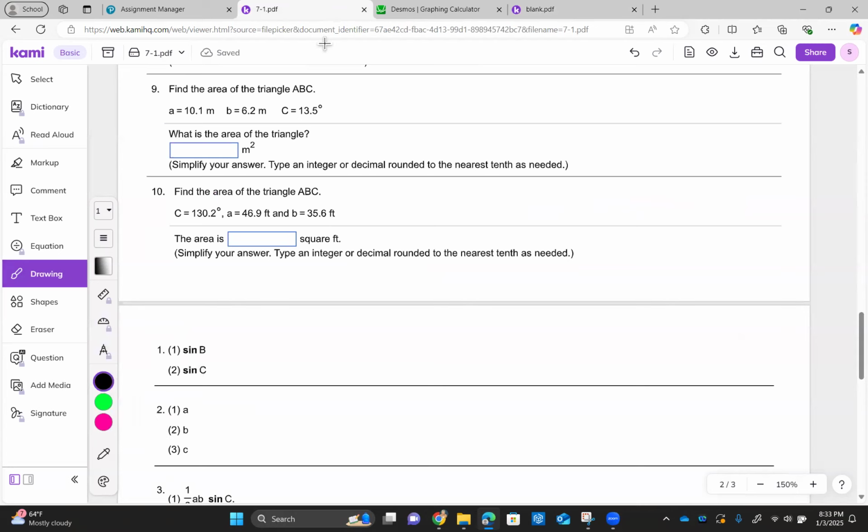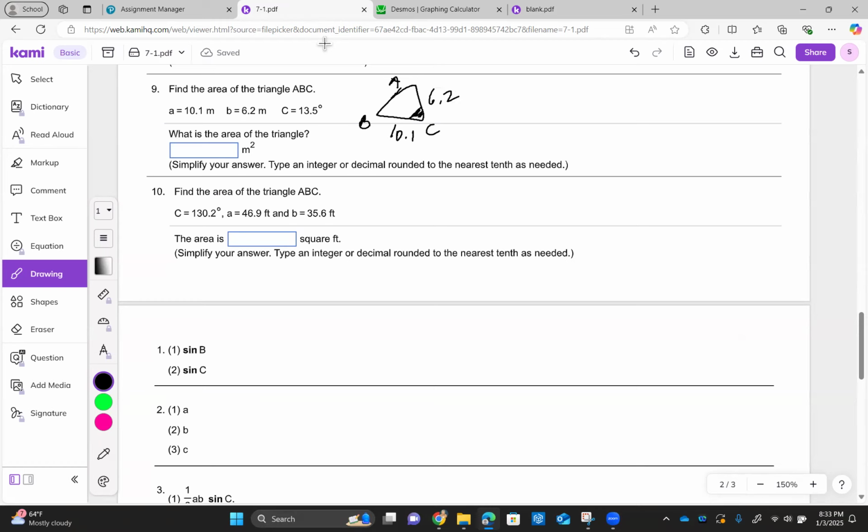So when I go back to this question for number 9, I need to find the area of triangle ABC. It always helps me to draw a small triangle to locate my angles. So ABC. Side A is here, it's 10.1. Side B is 6.2.